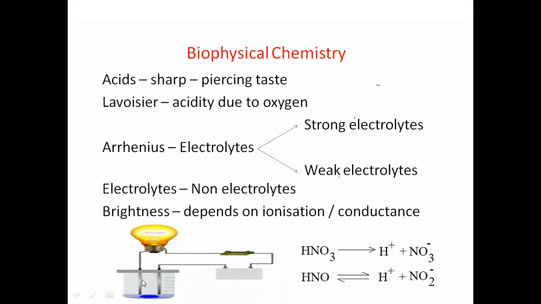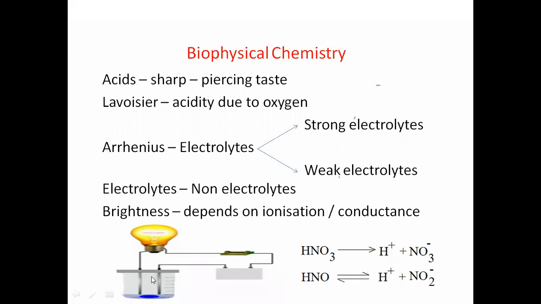If the solution is not conducting electricity, then the circuit is open and the bulb will not glow. But the resistance of the solution depends upon how fast the electrolytes are conducting the electricity, or the quantity of the electrolytes that are conducting. Therefore, if this solution contains electrolytes, the bulb will glow.